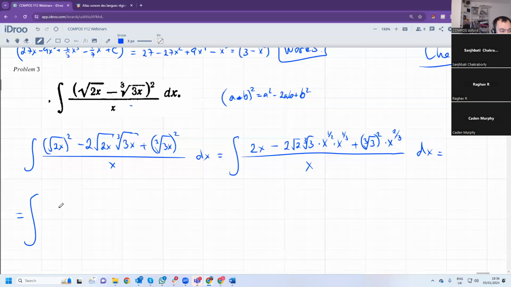Carry on. So it's going to be 2x minus 2 times square root of 2 times cube root of 3. There's nothing you can do about it, really. It's just a number, not a pretty one: 2 square root of 2 cube root of 3. But you can simplify this. x to the power half times x to the power 1/3 is x to the power 5/6, because when you multiply powers, the indices add up.